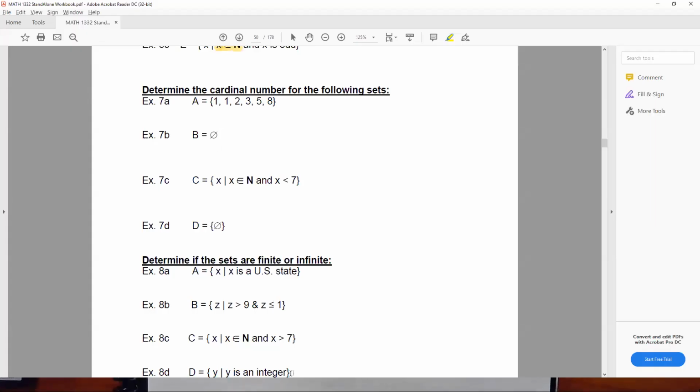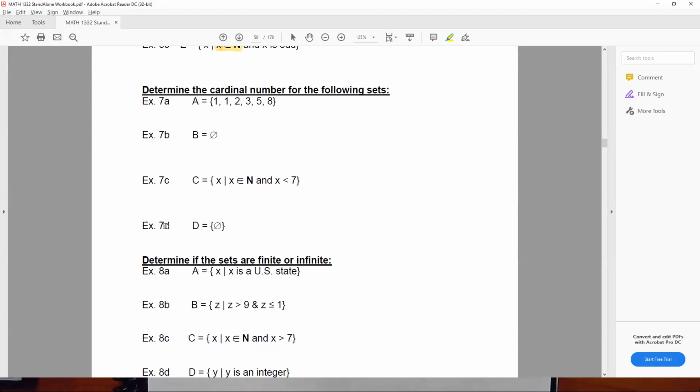Okay. So the next one. What's the cardinal number of a set that is empty? Well, cardinal number means how many elements are in there.